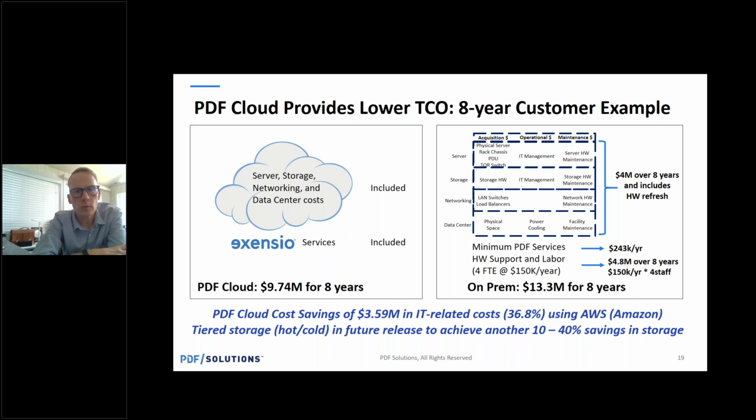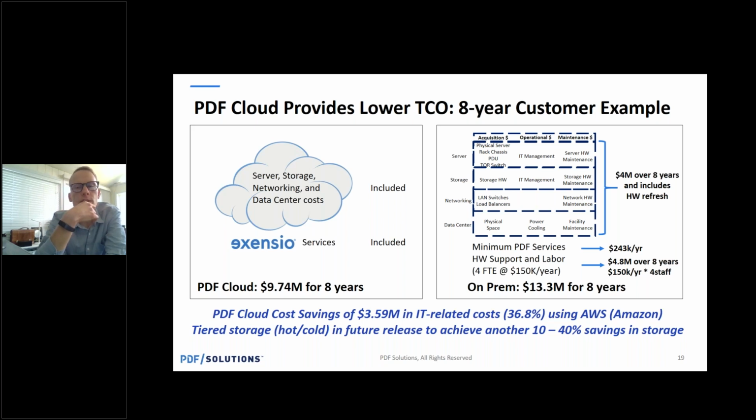If you contrast that with a fully turnkey PDF cloud site on the left-hand side, you can see that there's 36% savings, or more than $3.5 million savings over that 8-year period. This particular implementation was done on Amazon Cloud Services.